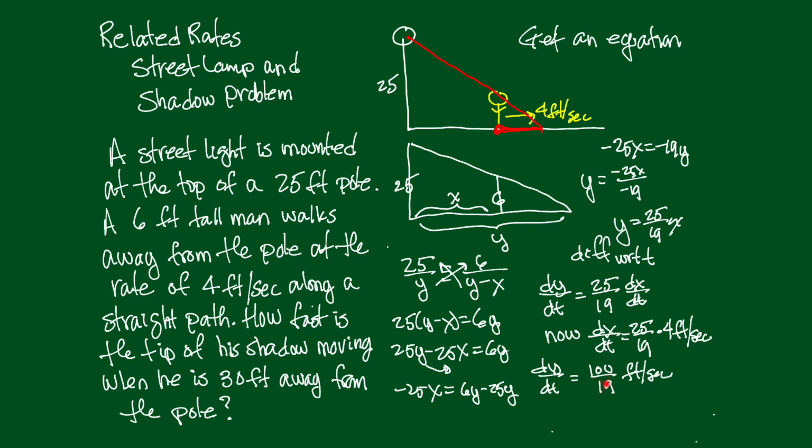This rate of change is independent of where this fellow is from the pole. So no matter, I'll go up to the picture here, no matter where this fellow is, how fast is the tip of the shadow changing? How fast is that tip of the shadow moving? 100 over 19 feet per second.